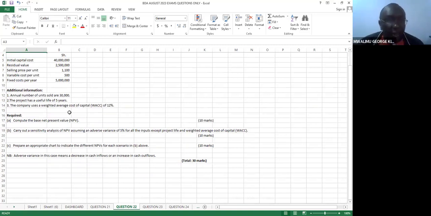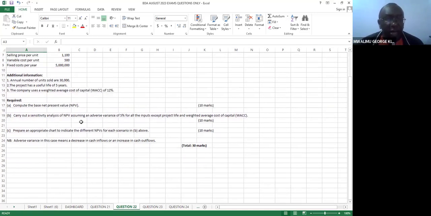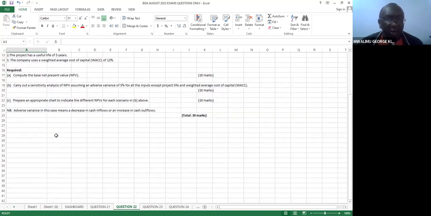We compute the base net present value, carry out a sensitivity analysis of NPV, assuming an adverse variance of 5% for all the inputs except the project life and the weighted average cost of capital. Prepare an appropriate chart to indicate different NPVs for each. An adverse variance here means a decrease in cash inflows or an increase in cash outflows.